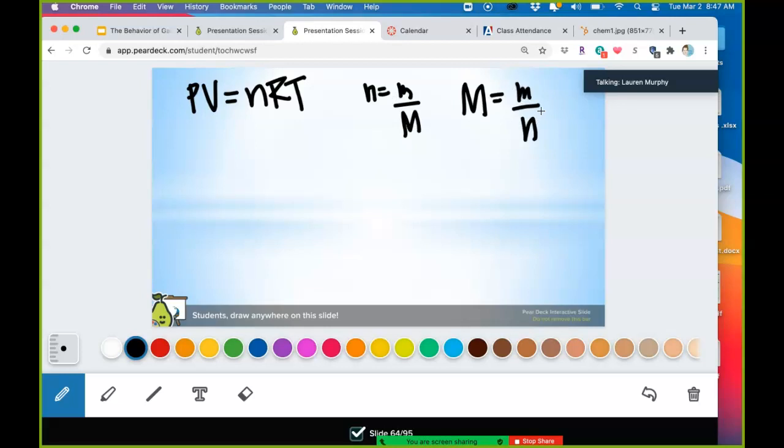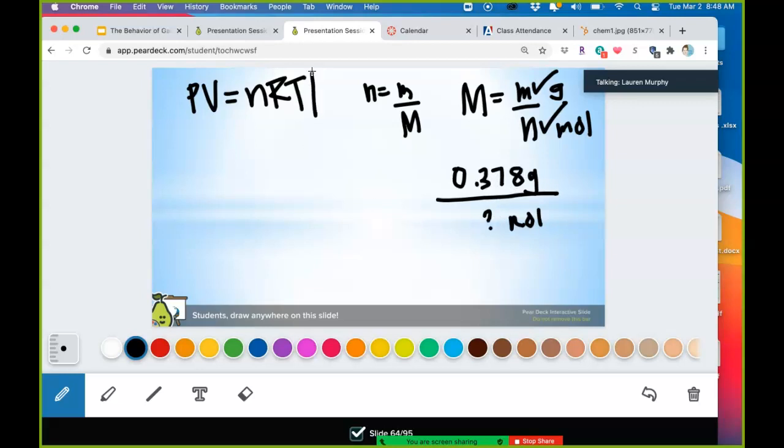This is just a rearrangement of the equation. If you have mass and you have moles, you could find molar mass. Mass is measured in grams and moles is measured in moles. Well, we're halfway there. We need two things, mass and moles. I have mass. I gave you it. It's 0.378 grams. So I already have this top part. If I could figure out moles, I could take my grams and divide by moles, and I would get molar mass.